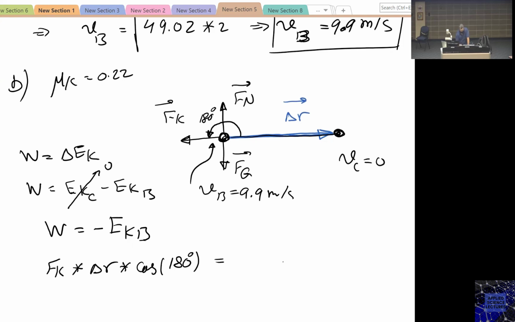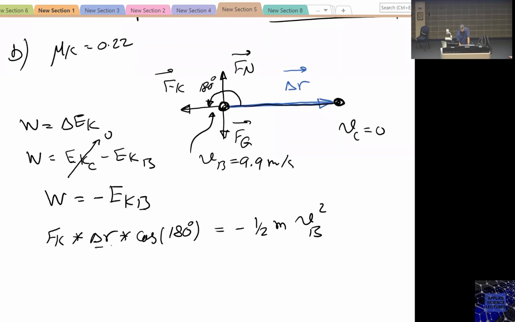equals minus, what is the kinetic energy at B? Half m v squared. I need to calculate the displacement. Keep in mind that I need delta R. If I need delta R, I need to calculate the frictional force.